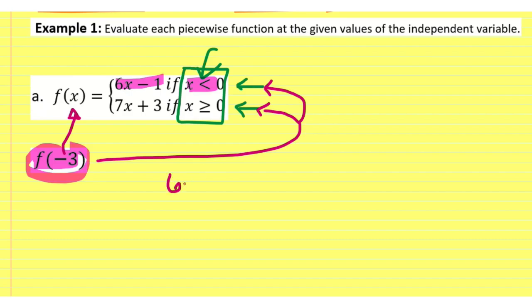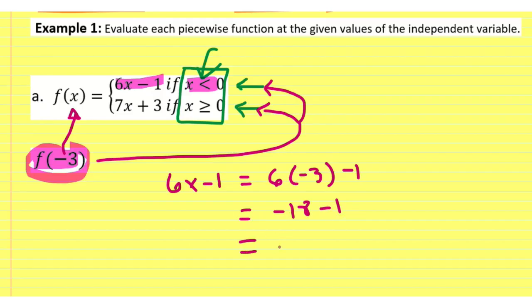We're going to do 6x minus 1, and that is going to be equal to 6 times -3 minus 1. And that is equal to 6 times -3 is -18 minus 1, and that is equal to -19.